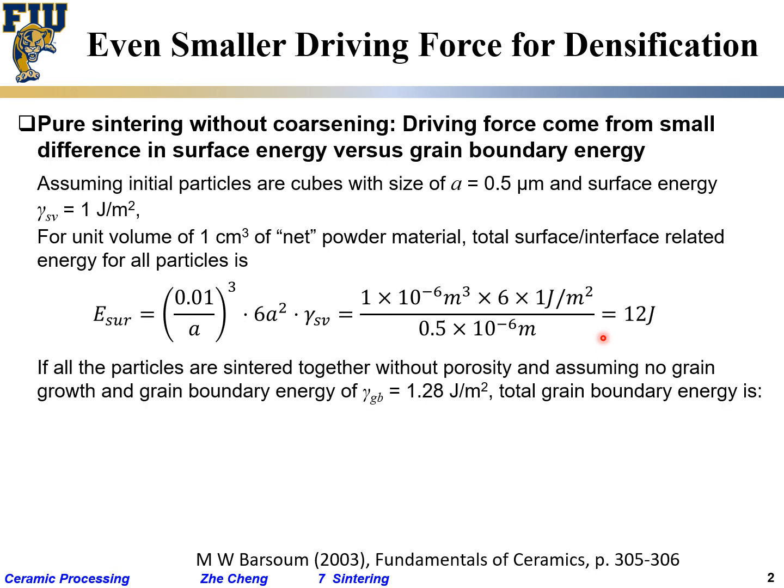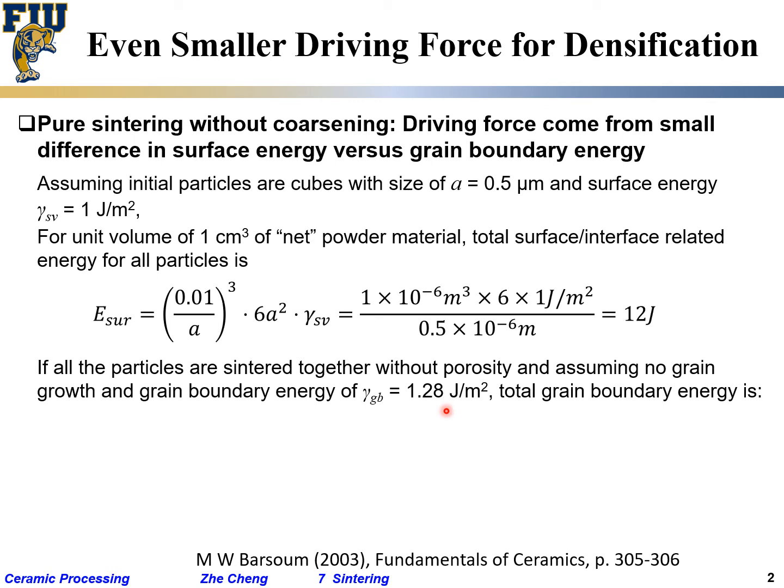And then let's compare. If all the particles are sintered together, a polycrystalline material, idealized, let's just do the idealized situation without porosity, assuming no grain growth, which means they still remain as 0.5 micron grains. But now, the grain boundary energy, something like this. Well, let's put that number in.